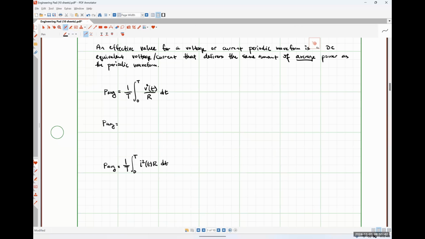So in terms of voltage, what's the average power absorbed by a resistor in a DC circuit? V squared over R. So I'm going to call our voltage here the effective voltage because that's what we're looking for.